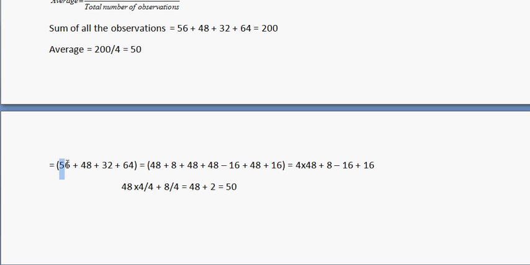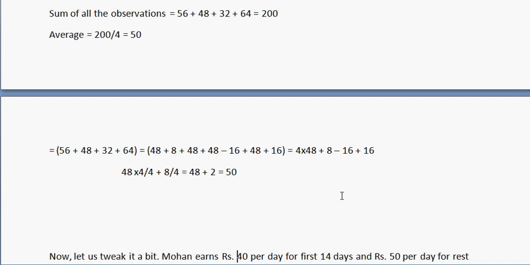To make 48 out of 56, we write it as 48 plus 8. Similarly for 32, we write it as 48 minus 16, and for 64 we write it as 48 plus 16, and these 16 and this 16 get cancelled, and our calculations become very easy. So this is an easy way out to calculate the average.